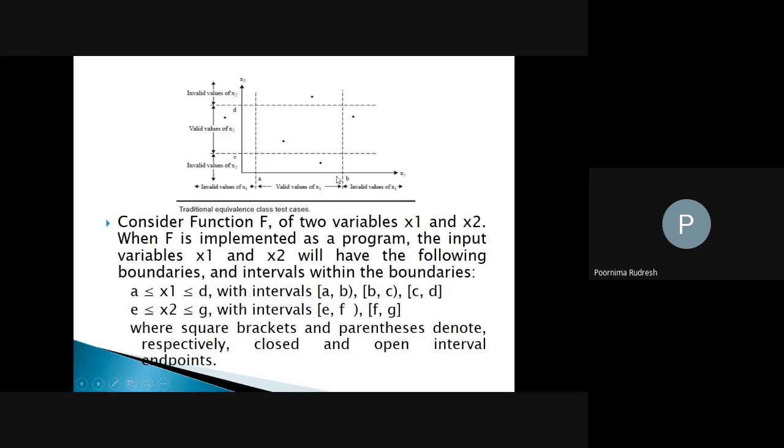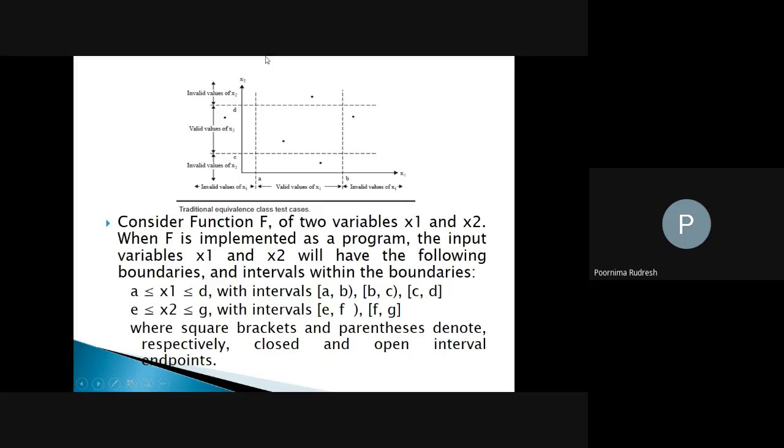The values that reside within this range are treated as valid values, and outside this range are treated as invalid values. See here, before a all the values are treated as invalid values for x1. Similarly after b, whatever the values, those are treated as invalid values for x1.